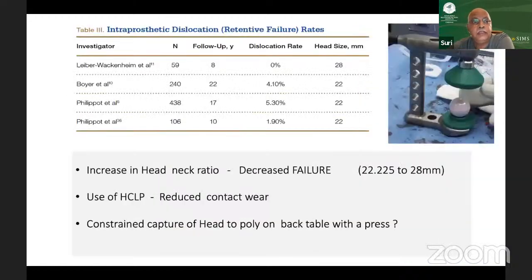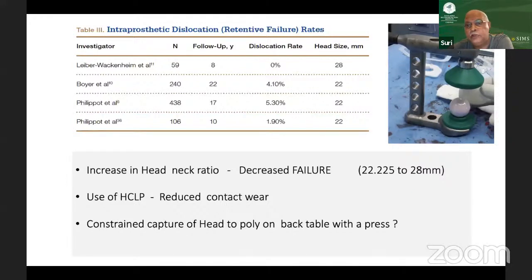So what do we do? If you see the newer reports, they also seem to support the head size: increasing the head-neck ratio by using a 28 head with a standard neck dimension, I think the failures have decreased. So the head-neck ratio seems to play a big part in this. Use of cross-link poly again reduced the contact wear, so probably it will help us. And the most important third change that has happened is more constrained captors.